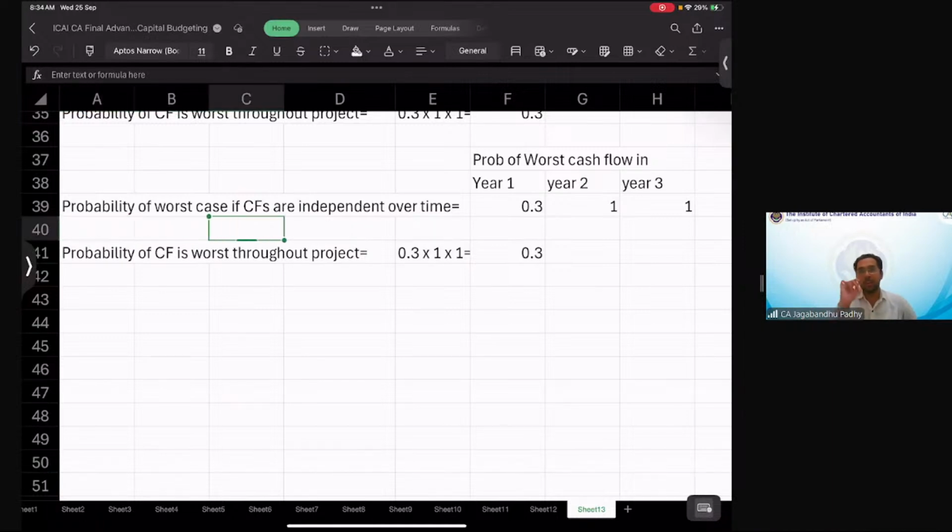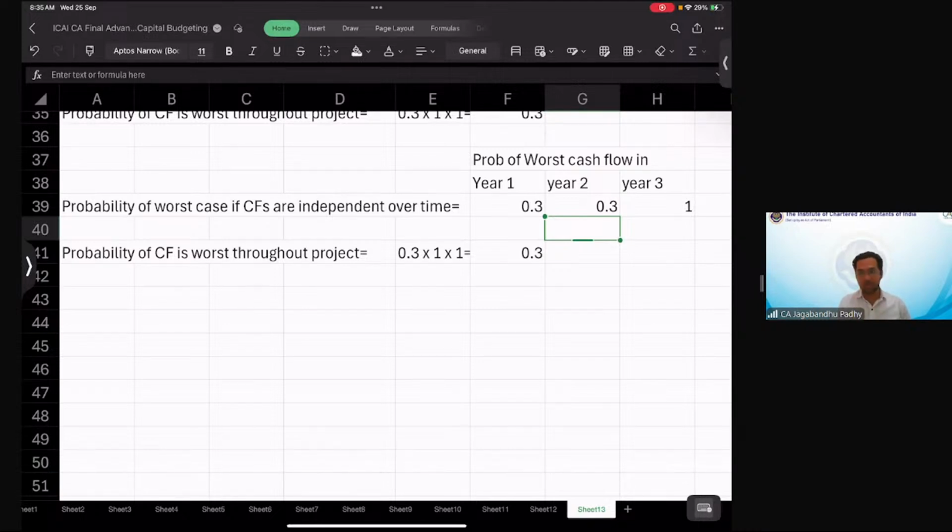Now, if the cash flows are independent, it means the cash flows are not dependent on the amount of cash flow in the previous year. So what's the probability of you getting a worst cash flow in year 1? 0.3. What will be the probability of worst cash flow in year 2? What is the chance that your cash flow will be worst in year 2? Again, 0.3. Because every year we have 3 chances, either worst, moderate, or best.